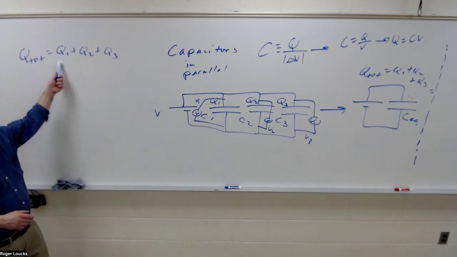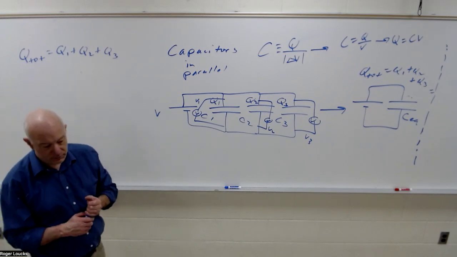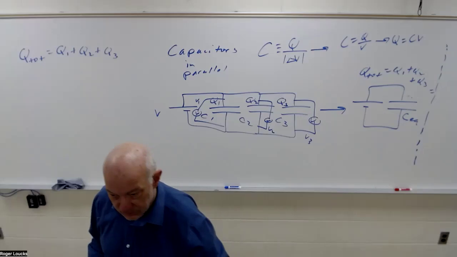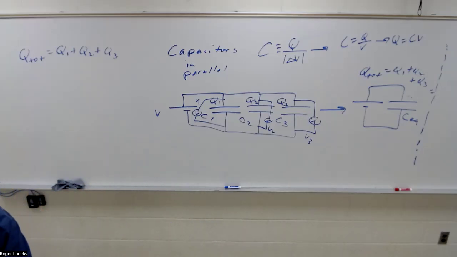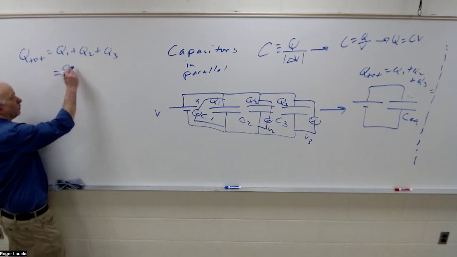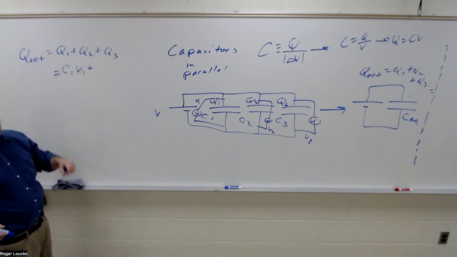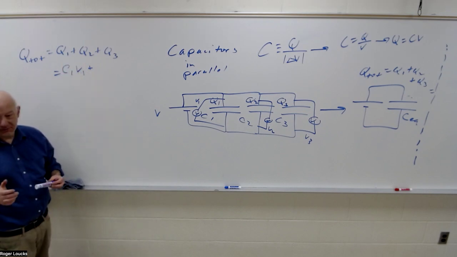So what would you put in for Q1? This would be C1 V1. What did you put in for Q2? I see a pattern.